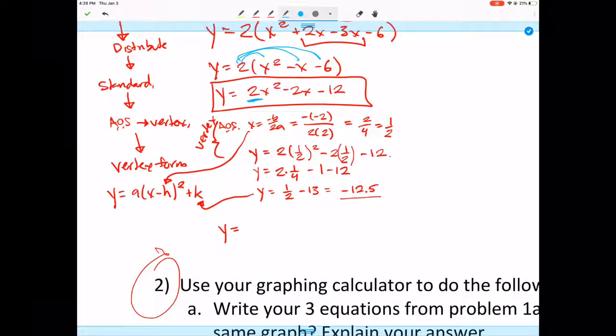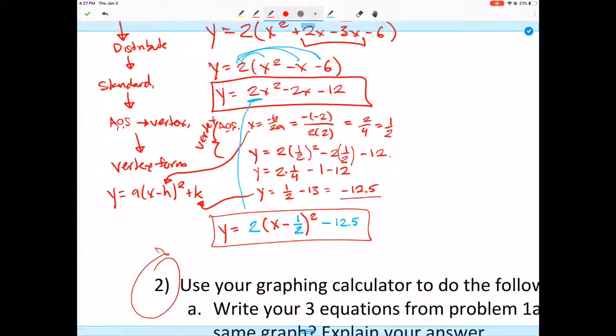So we just say it's 2. Then we have x minus h, and h we said is our axis of symmetry, which is 1/2, squared. And then we have our k value, which is the y value for our vertex, minus 12.5. So that is our equation in vertex form.